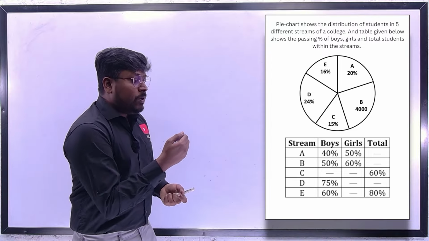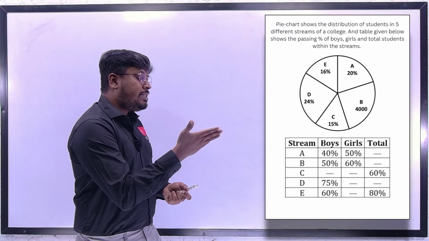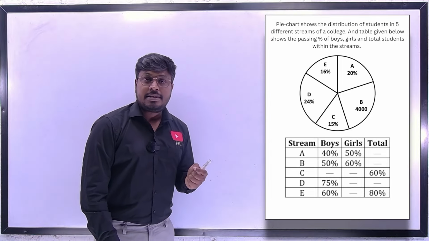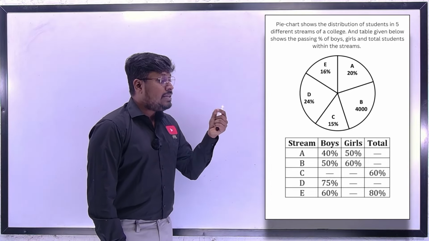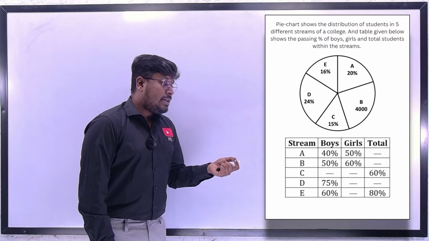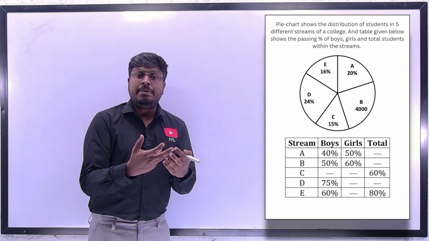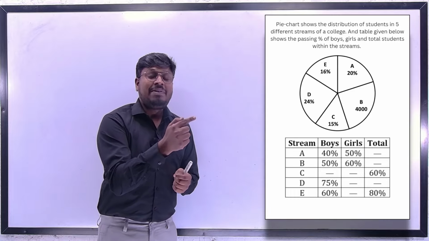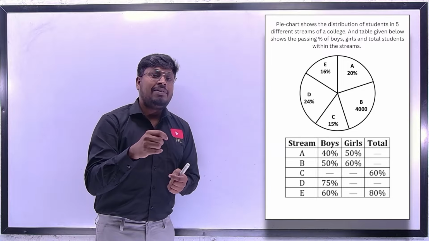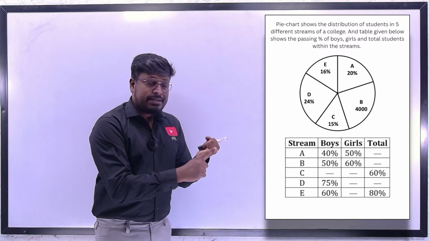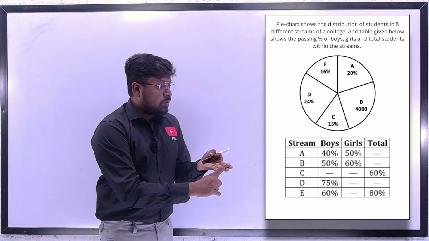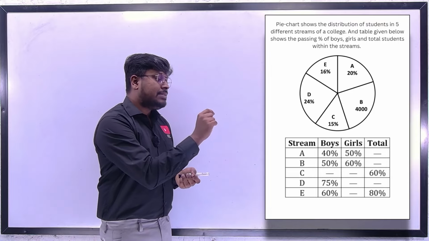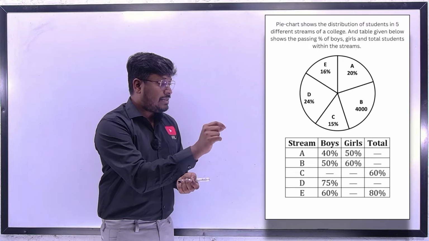Now when you look at the pie chart, all the values have been given except one percentage. A is 20%, C is 15%, D is 24%, E is 16%, and what about B? The value has been directly given, which is 4000. In a pie chart, if one value has been given, finding the remaining value is very easy. A is 20, C is 15, D is 24, E is 16. When you add all the values, the result will be 16, 24, 40, 60, 75.